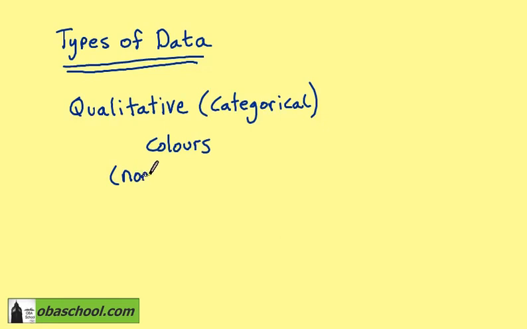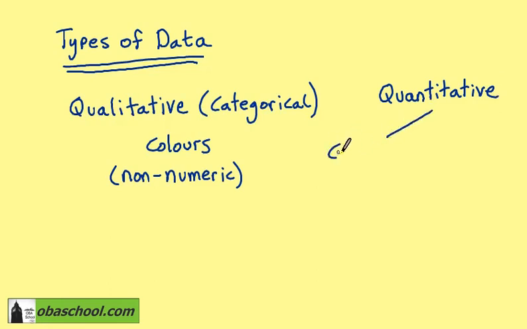And since this type of data is non-numeric, in other words, does not involve numbers, it follows that the other type of data, known as quantitative, does involve numbers. And there are two types of quantitative data.